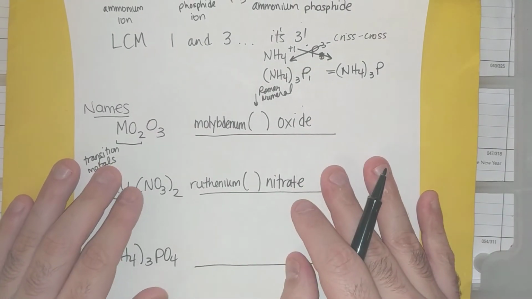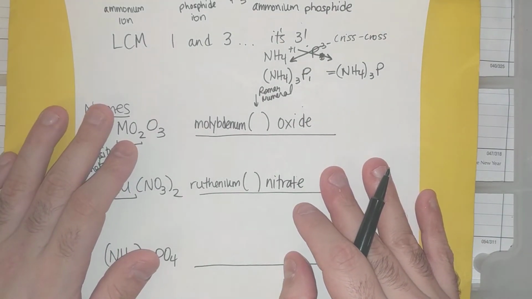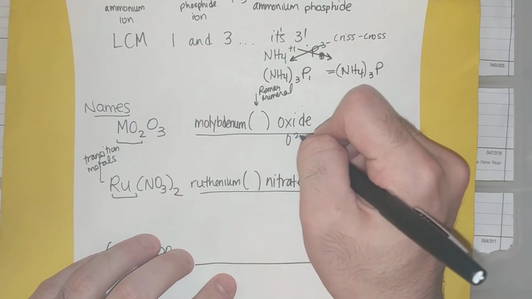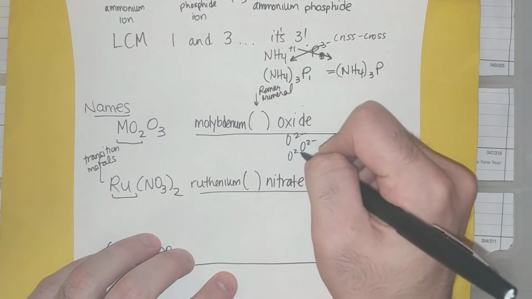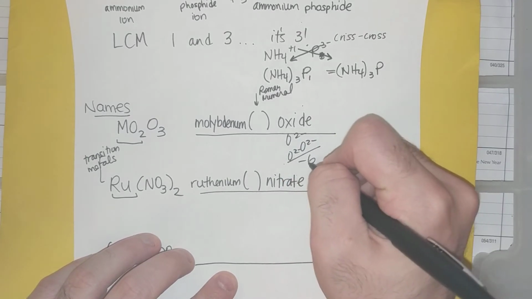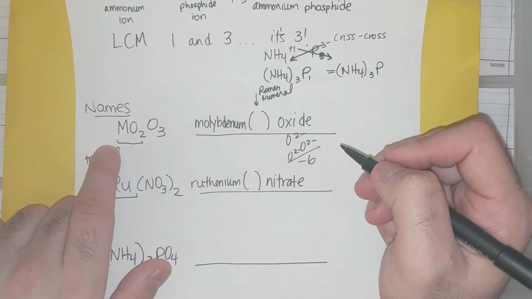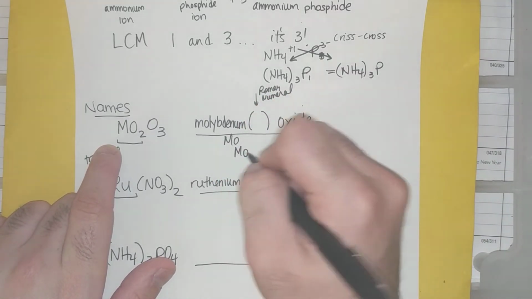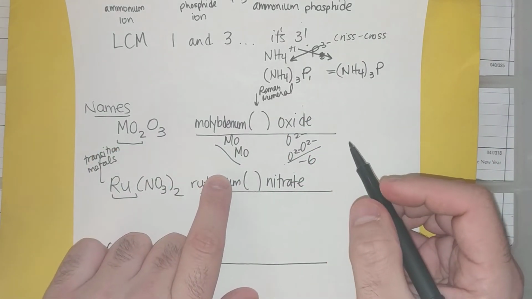Okay? So now I want to figure out the charge, and I'm going to do it like I did in a previous video. I have 3 oxides here. I have O2 minus, O2 minus, O2 minus. Those equal -6. How many molybdenums do I have? 2. And what do those 2 molybdenums need to equal?